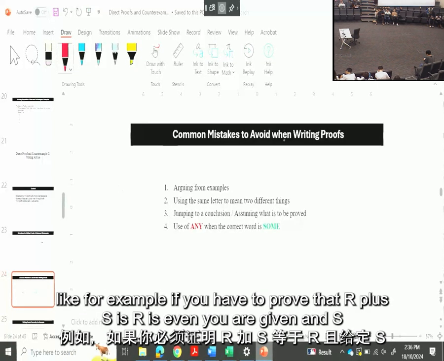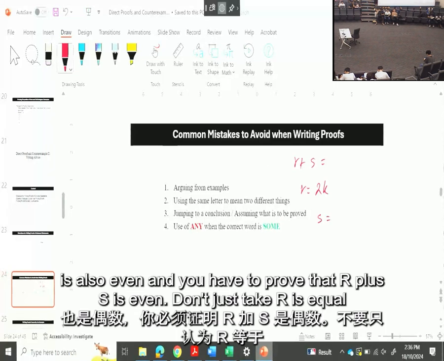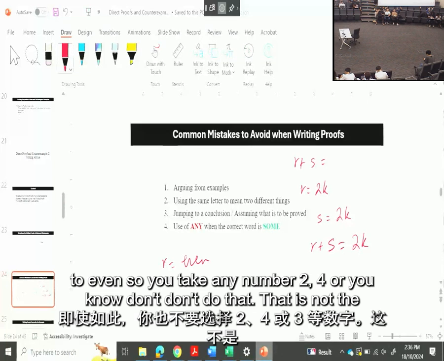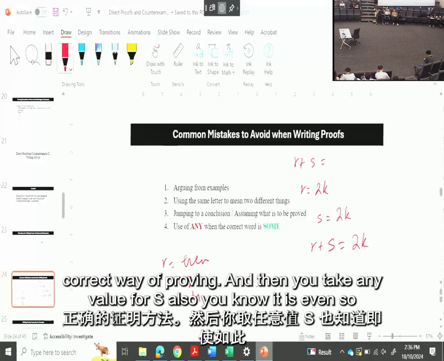For example, if you have to prove that r plus s is even, where r is given even and s is also even, don't just take any number like 2 or 4. That is not the correct way of proving.